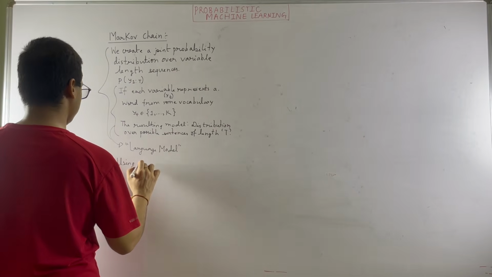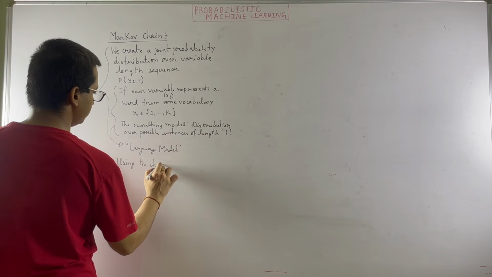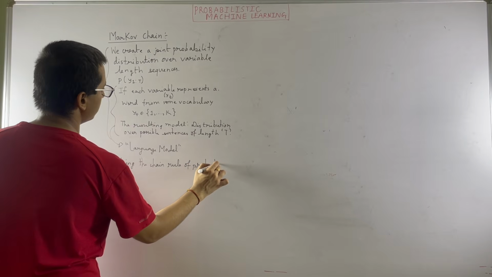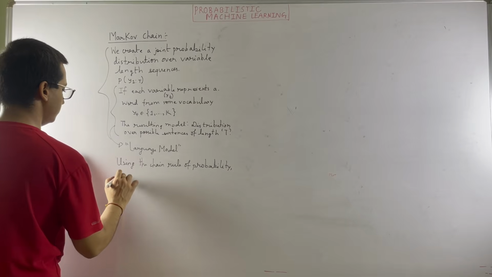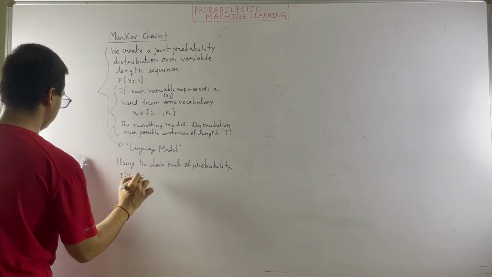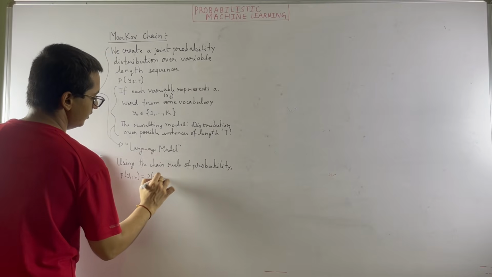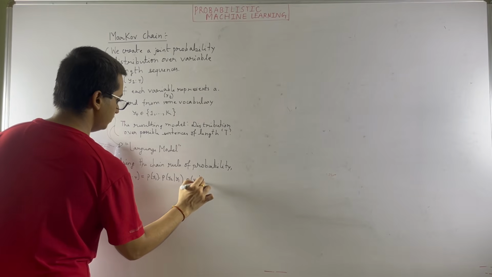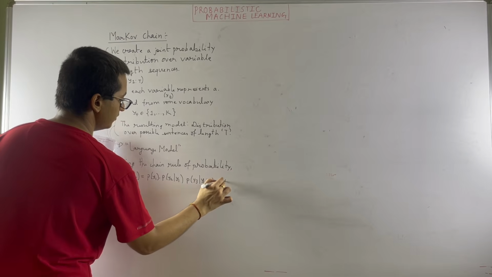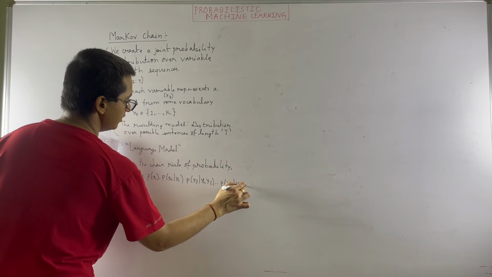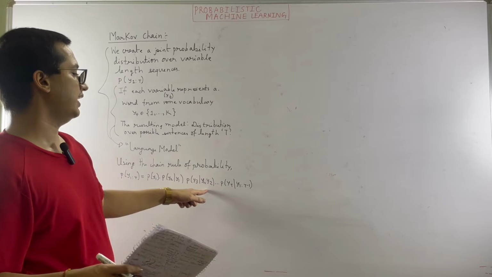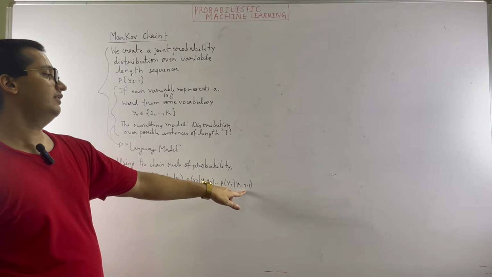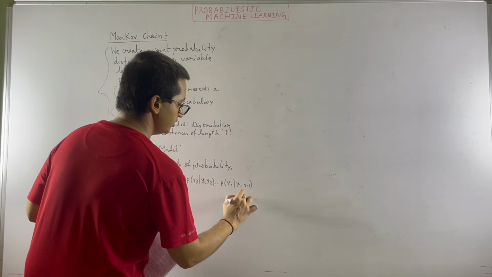Using the chain rule of probability, what do I get? P of y1 into P of y2 given y1. You see, as I go beyond, the size of the categorical distribution increases exponentially, right? It is 2 here, it will become 4, and then it will become 2 to the power t minus 1.